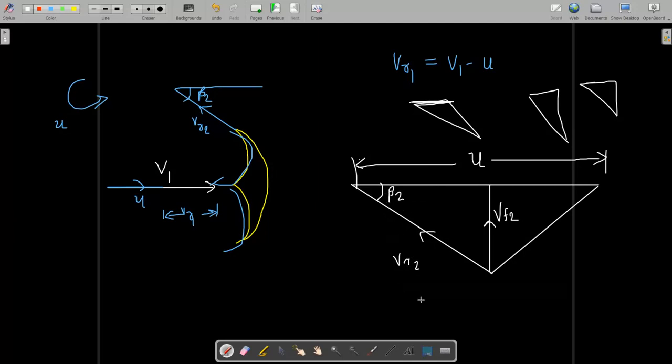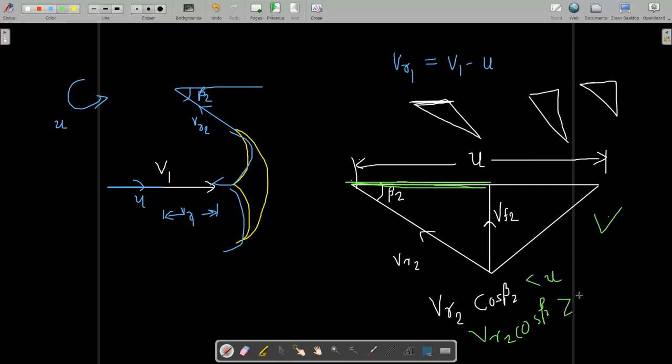So if VR2 cos beta 2, this horizontal component, is less than U, then this diagram is okay. If VR2 cos beta 2 is greater than U, then this diagram will come. And if they both are the same, then the fluid exits radially.